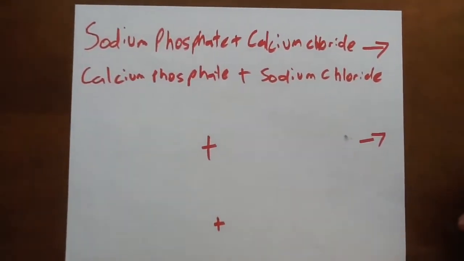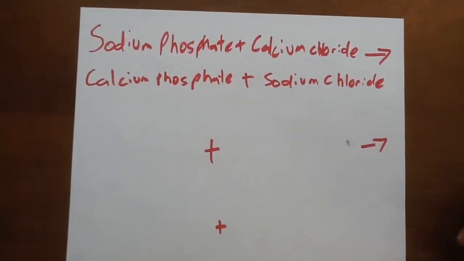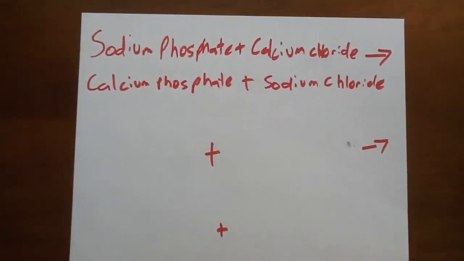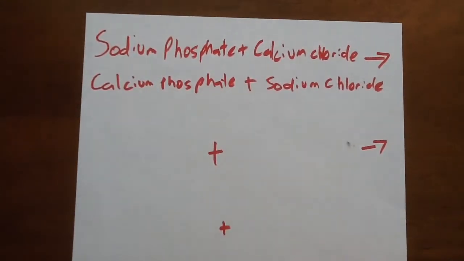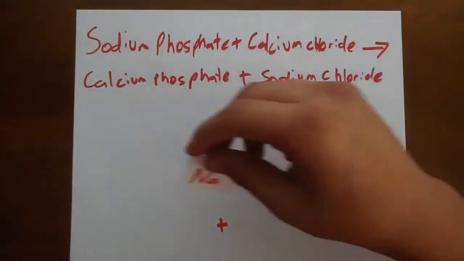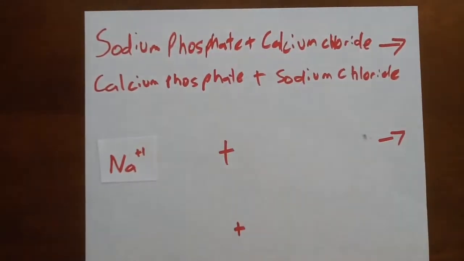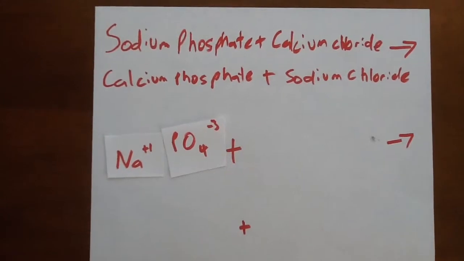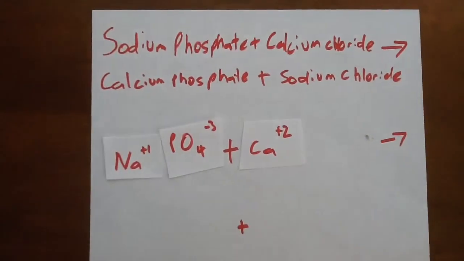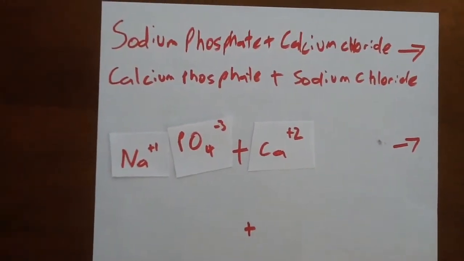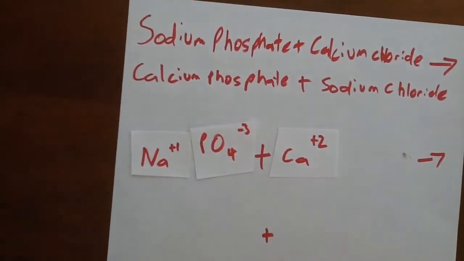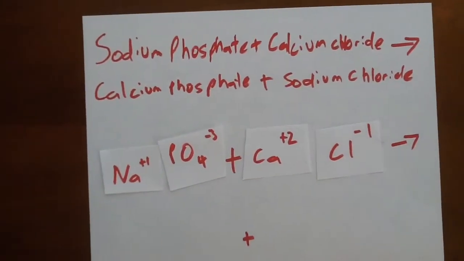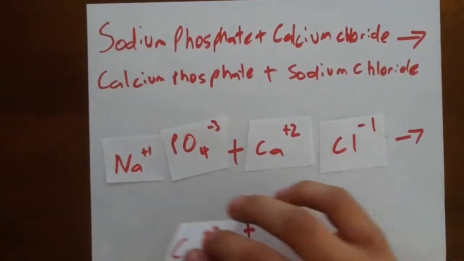So I'm doing my video on balancing the equation of sodium phosphate plus calcium chloride yields calcium phosphate and sodium chloride, which translates to sodium phosphate, so NaPO4, plus calcium chloride, which is CaCl, when it yields calcium phosphate.